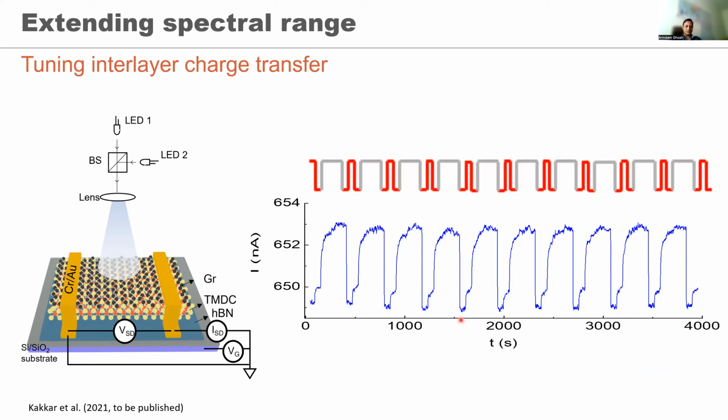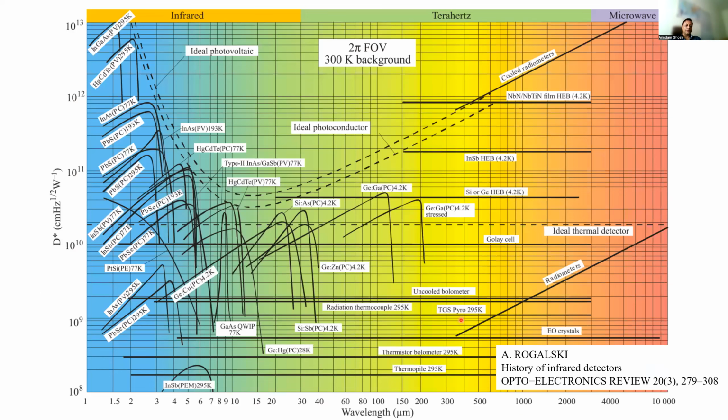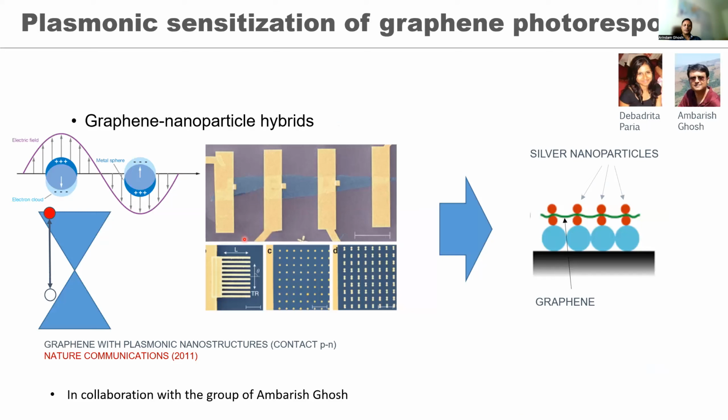We are excited because we can now sensitize graphene-chalcogen heterostructures with extremely high responsivity to infrared radiation in the communications band, which is very interesting for us. Okay, so this is where we are with this. This was an old work with plasmonic work.